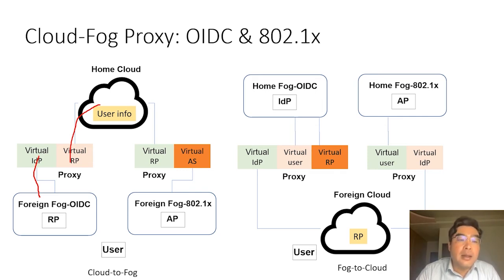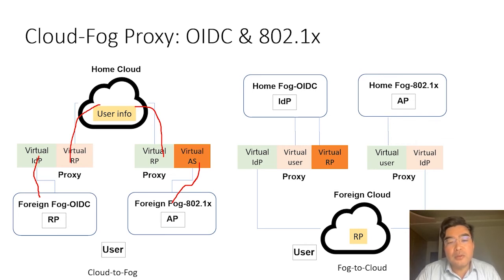ID provider and RP are both protocol entities in OIDC. Same here, you have a virtual AS, authentication server. The virtual AS is a protocol entity in 802.1x, and RP is the same here, that you play to the cloud.